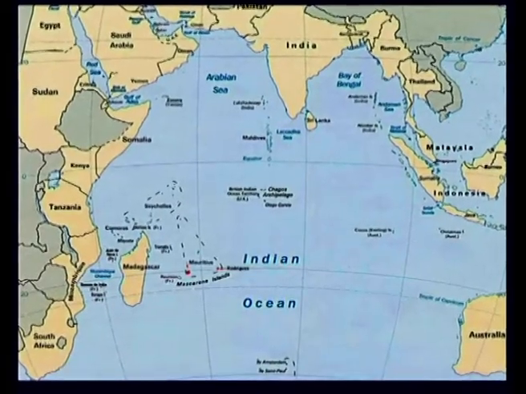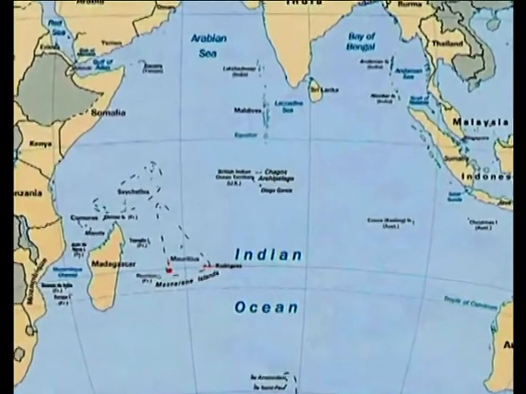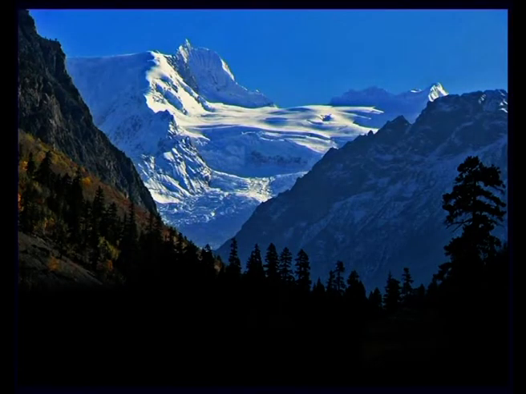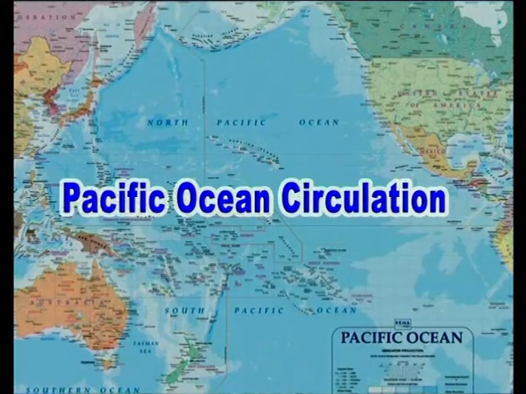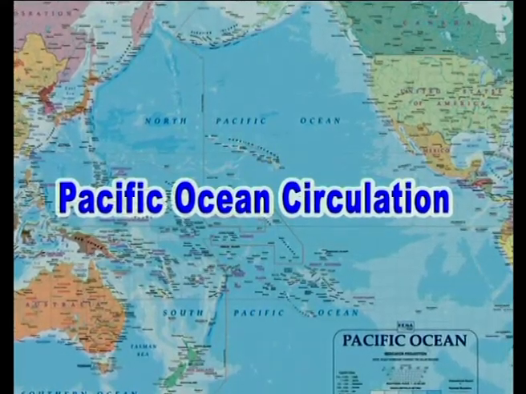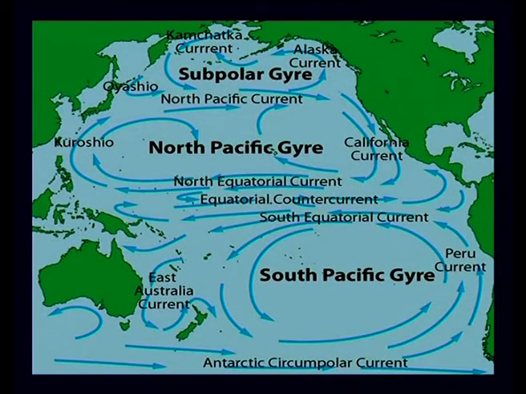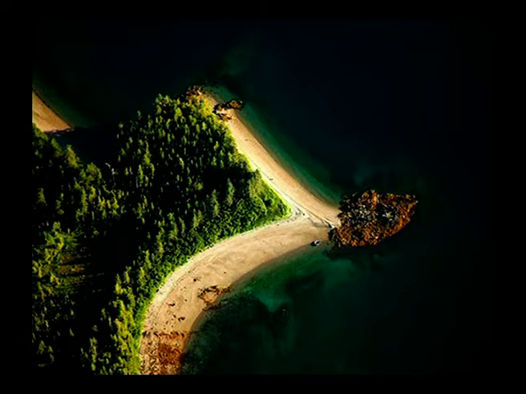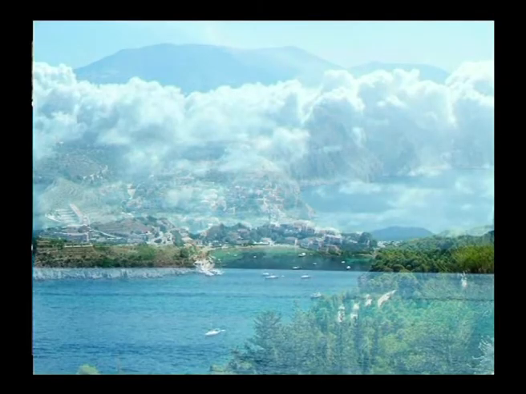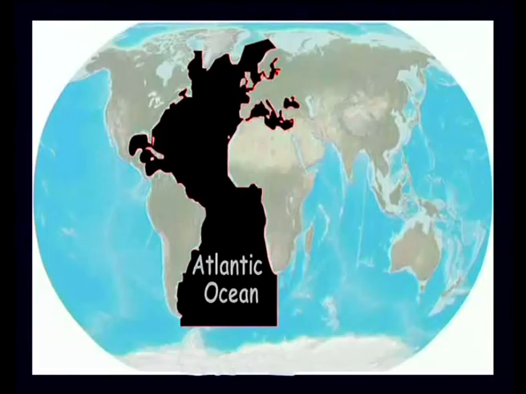The shape of the Indian Ocean basin and its proximity to the high mountains of Asia cause it to experience strong seasonal changes. Then let us come to the Pacific Ocean circulation. Two large subtropical gyres dominate the circulation pattern in the Pacific Ocean, resulting in surface water movement and climatic effects similar to those found in the Atlantic.